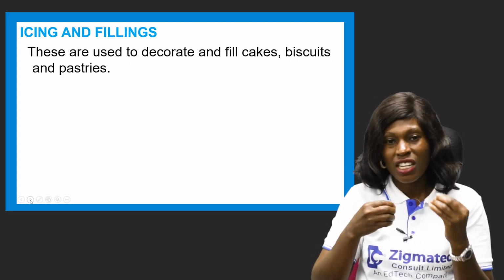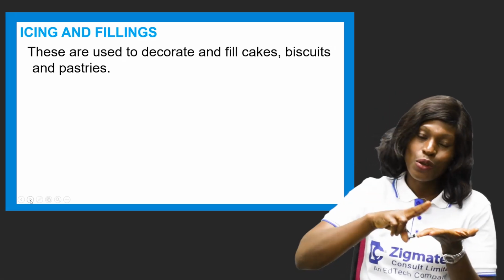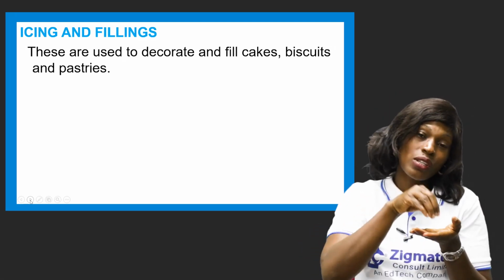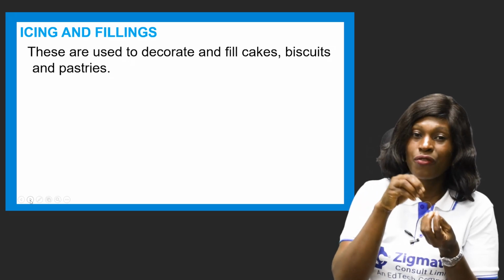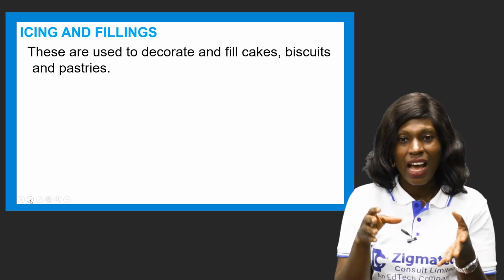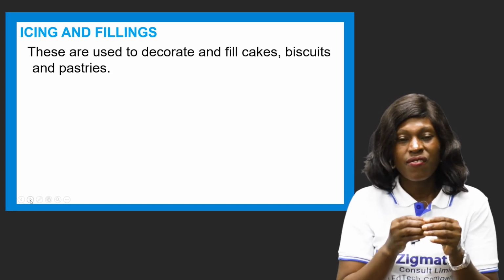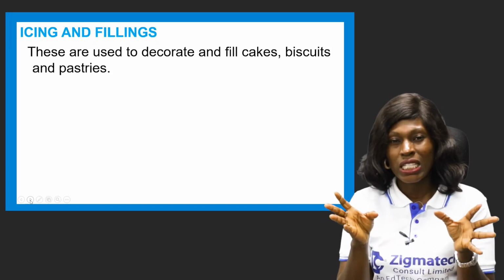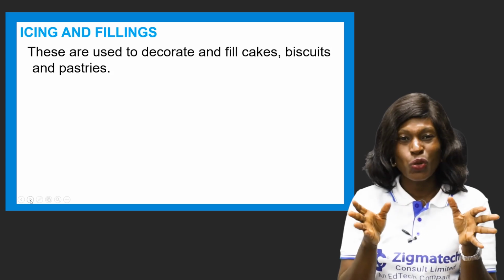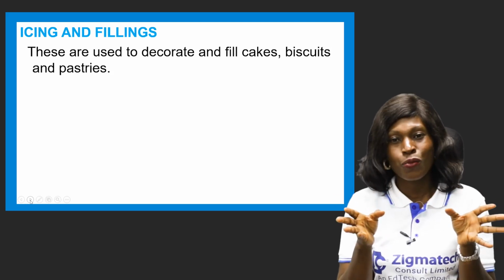Now you see some of the biscuits we find around that are covered in two. Those things you find in between those biscuits are referred to as fillings. Icing and fillings are very important to give a finished product this amazing look and make it look very beautiful.